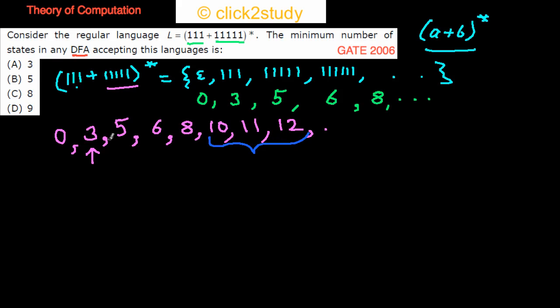Then you can combine this 3 with 10, and you get 13. You can do the same, 3 with 11, you get 14. You can do 3 with 12 and get 15. Then you can do it again, 3 with 13 to get 16, and so on.